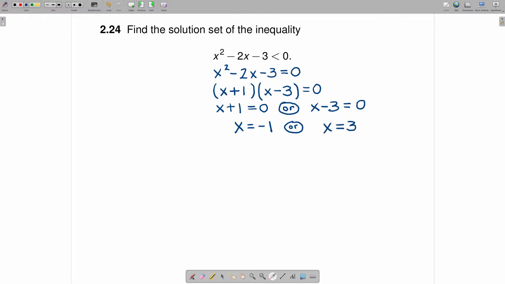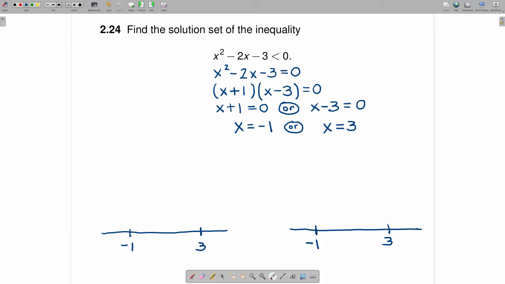Now at this point, there are two ways to proceed. And in both ways, we are trying to figure out on a number line which values of x will satisfy the inequality. But we have found two very important numbers, which are negative 1 and 3. I'm going to go ahead and label both of those numbers. Here is the number negative 1. Here is the number 3. And in the second way of proceeding, here is a negative 1, and here is positive 3.